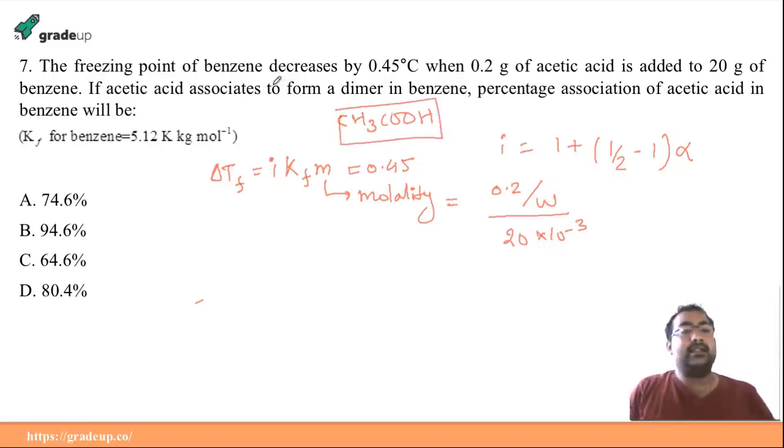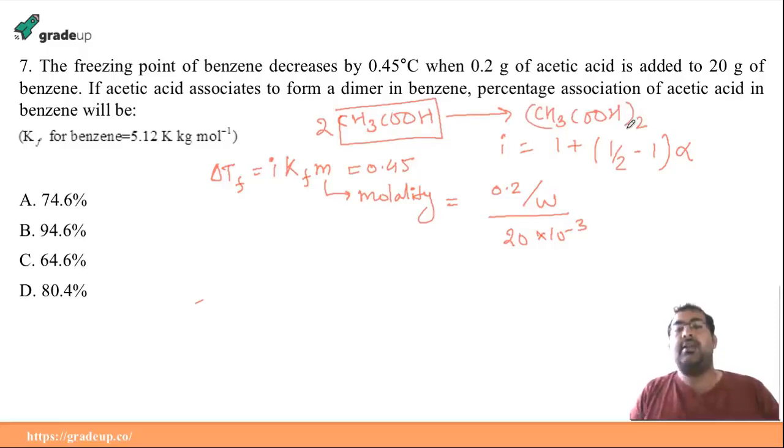And then the acetic acid associates to form a dimer in benzene. So two of these acetic acid molecules tend to form this structure when they are in benzene. So the question wants the percentage association of acetic acid in benzene.